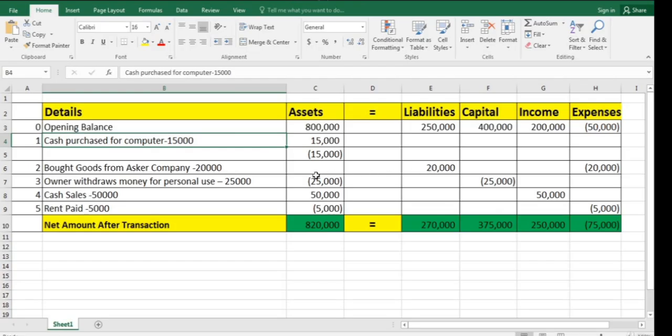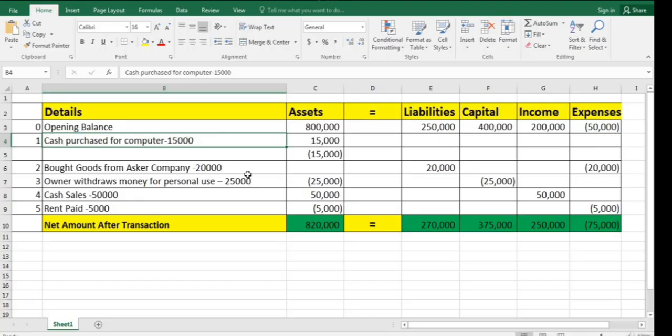At the same time, bought goods means purchases, one of the expenses, also increase 20,000. Why is it minus 20,000? Because income minus expenses, that's why I put the minus bracket. Then owner withdraws money for personal use 25,000.